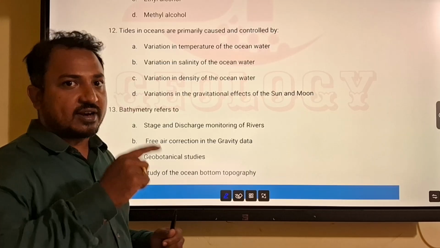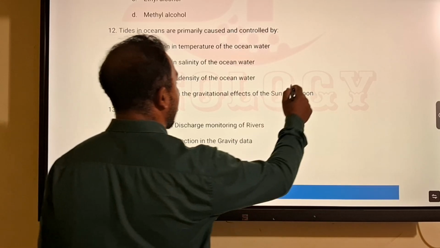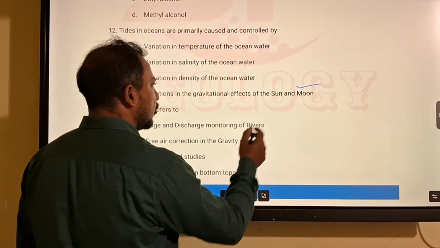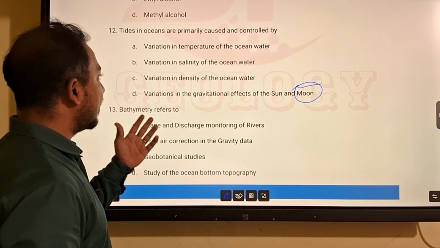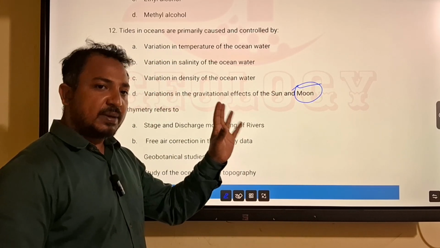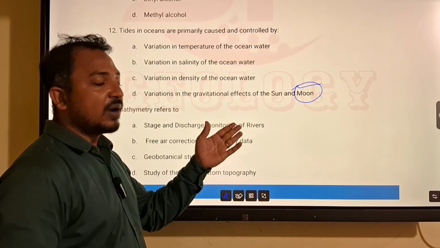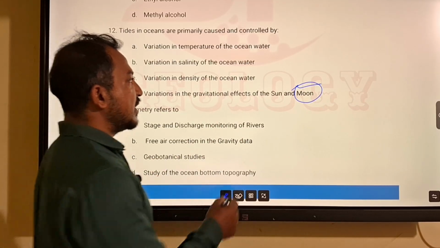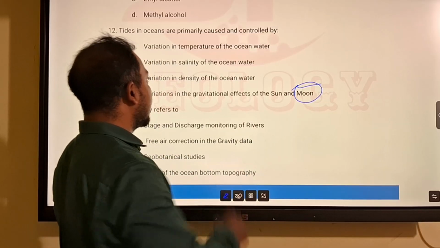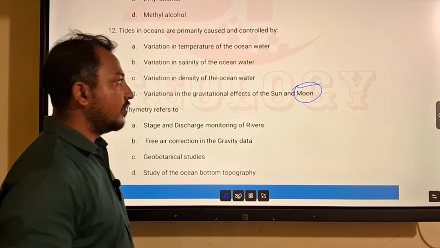It is a vertical fall and rise because of the attraction of the moon. Mostly the moon affects more than the sun, because the sun may be larger or have more mass, but it is also farther from the earth. That's why the moon mainly affects the tidal condition on the earth.